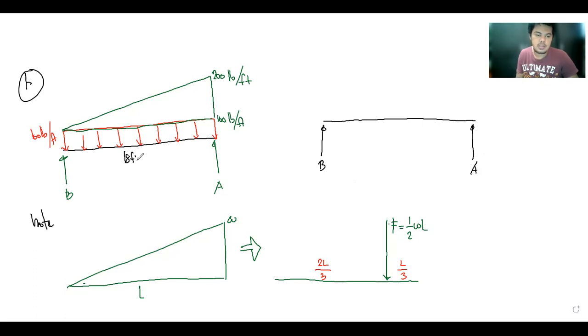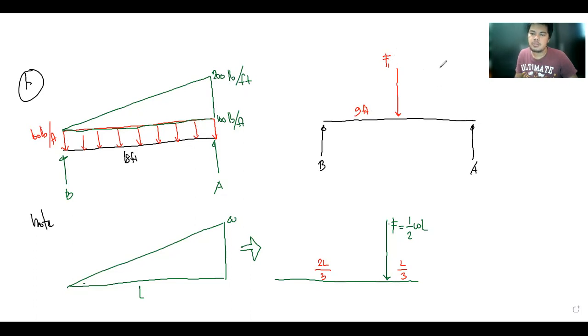For the rectangular load distribution, the equivalent concentrated load is at the center, labeled F1. For the triangular load distribution, the distance here is 9 feet, and the other end is also 9 feet.